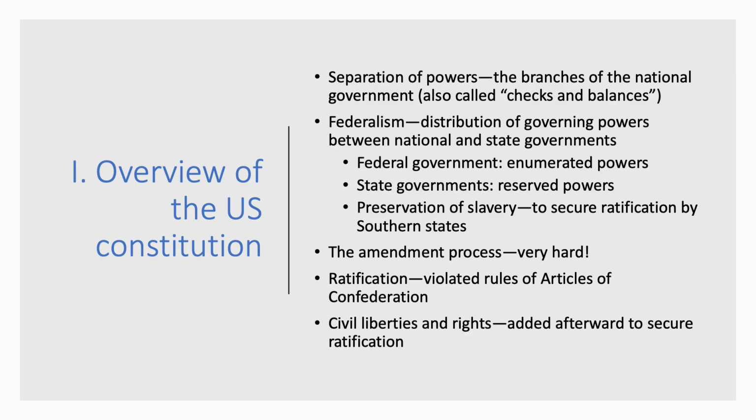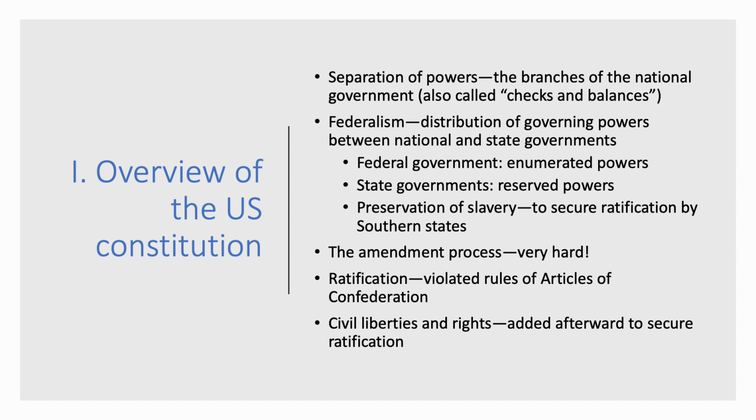So, number one, overview. Major doctrines that are in the Constitution and that were being talked about in political literature at the time include separation of powers, the idea that a government should be broken up into basically separate departments, branches, judicial branch, executive branch, legislative branch.